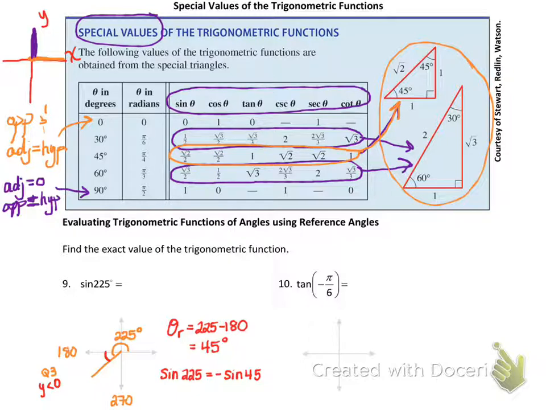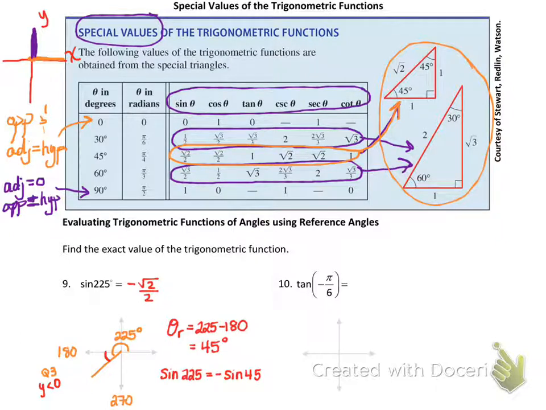So you go to your table and you look for sine of 45 and you get root 2 over 2, but since we know that it's in the third quadrant and y is less than 0, it's actually negative root 2 over 2. Okay, so it might take a little bit, so let's look at another example.